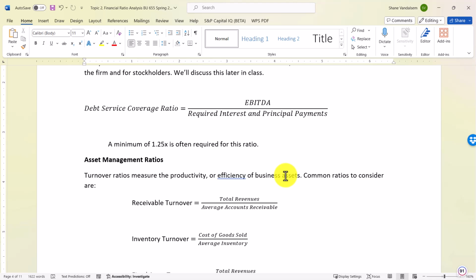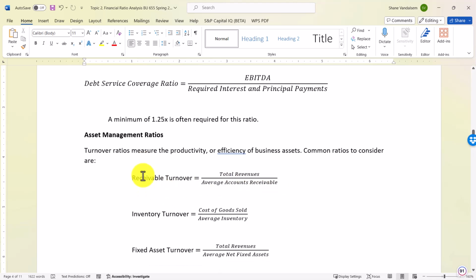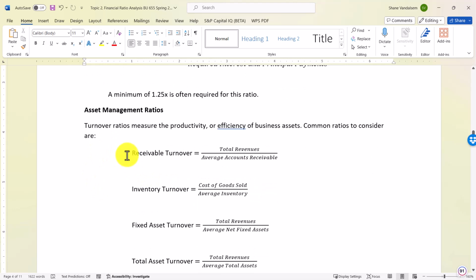And so we want to make sure that the investments that the firms are making, the assets that they're carrying, are actually generating returns for investors. So the first two ratios here are the receivables turnover ratio and the inventory turnover ratio.